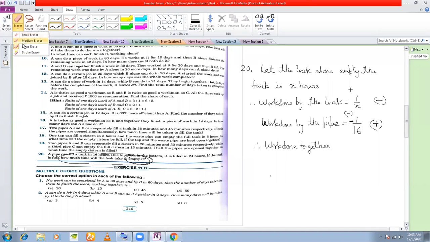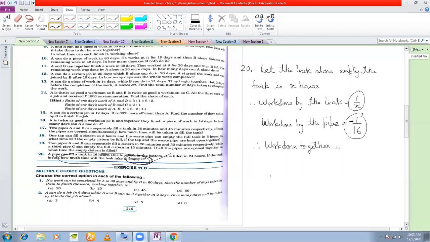But since here the question is how much time it will take to empty it, that is, the question is regarding the negative work done, that is why we are taking the negative work done, that is this one, as positive and this one as negative. So you will have to keep an eye on what your question is stating, and then take the sign accordingly.